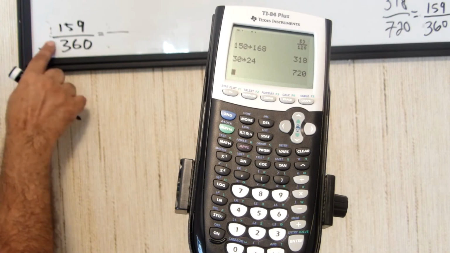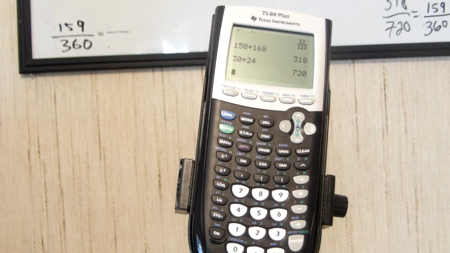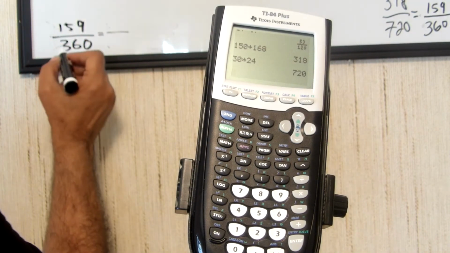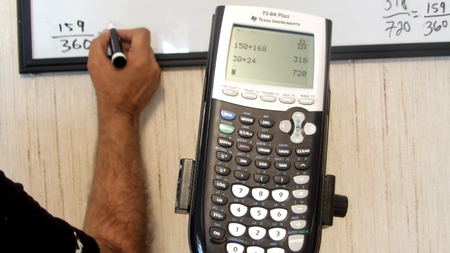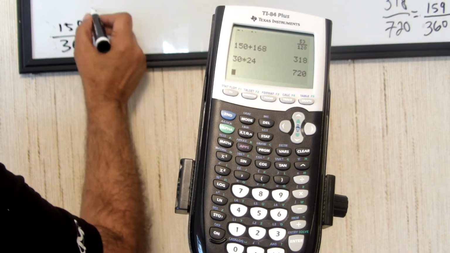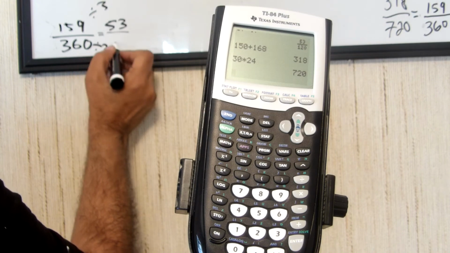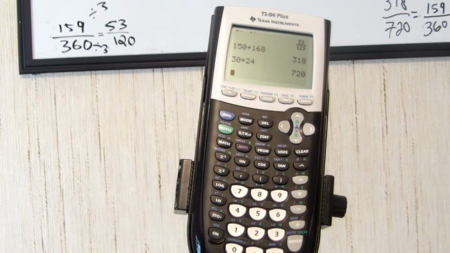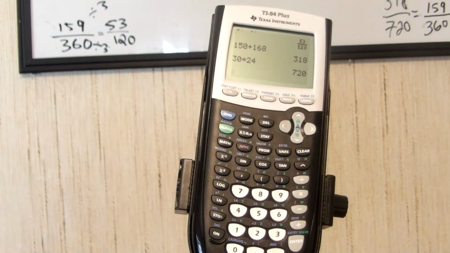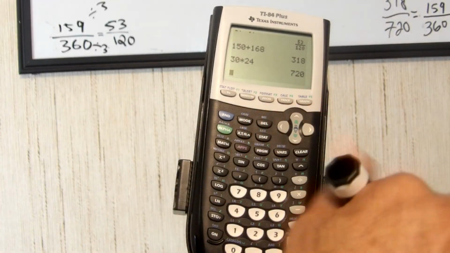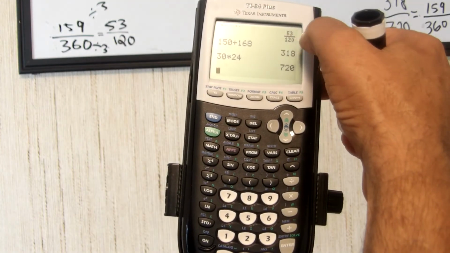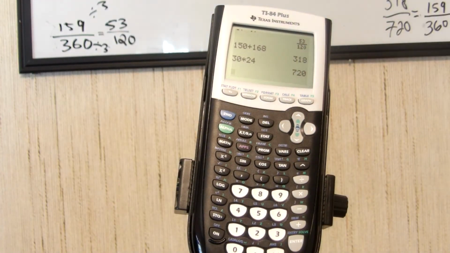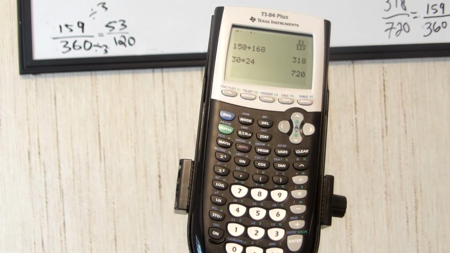Division is the same. 159 divided by 3, and this one divided by 3, is going to be 53 over 120. See, we got the answer here, 53 over 120. So the calculator simplified it itself.